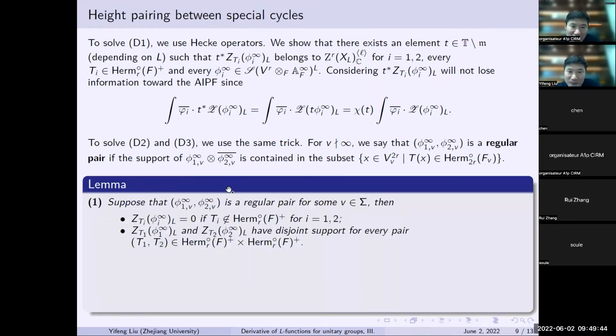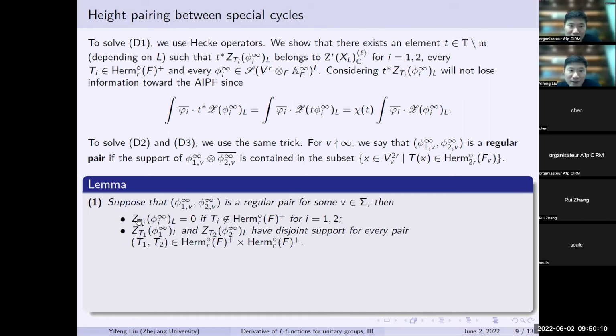And here's a lemma. Suppose that phi1v, phi2v is a regular pair for some v in sigma, then this special cycle indexed by Ti will be zero if Ti is not totally positive definite.